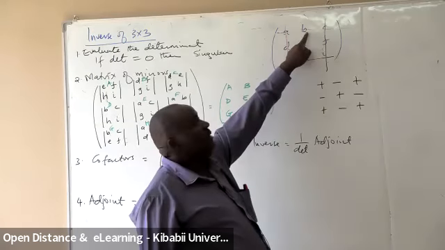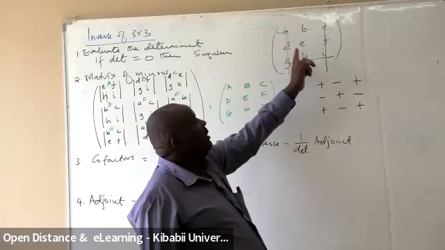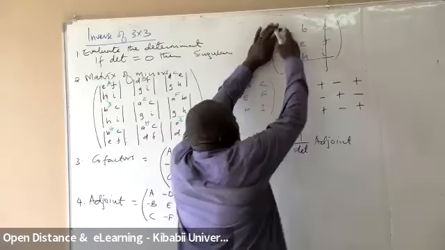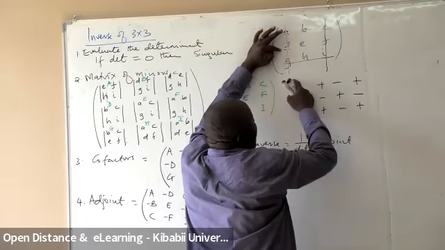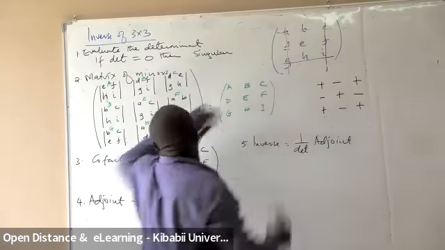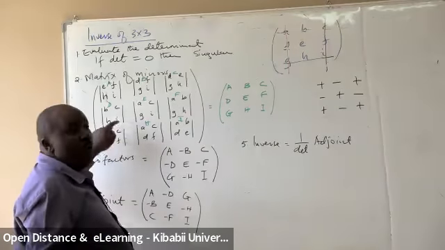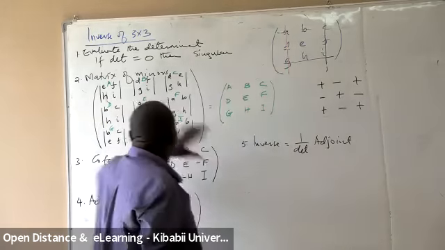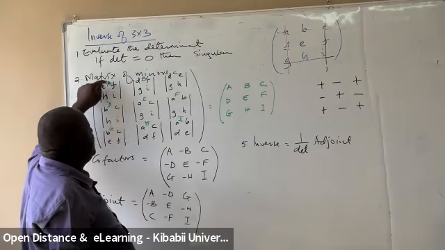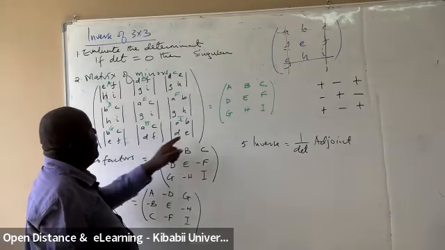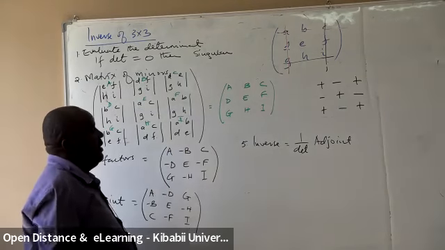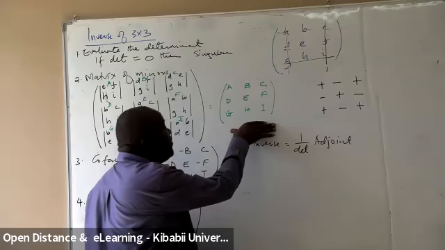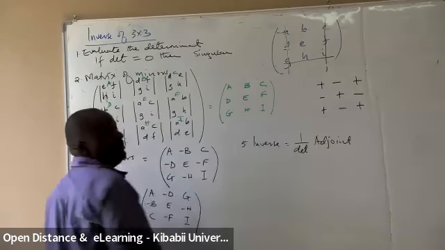I go for B, C, D. For D, I now eliminate row 2, column 1. If I delete row 2, column 1, I'll be left with BC, HI, whose determinant will now replace element D. So suppose for element A, I get determinant A, element B, B, and so on up to element I with the value I. Then this will be my determinant for the respective element.